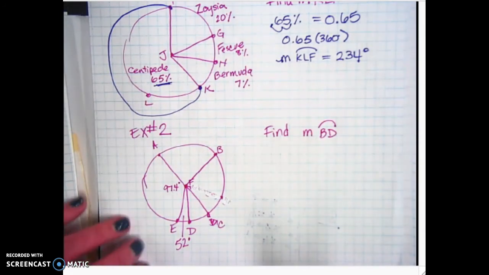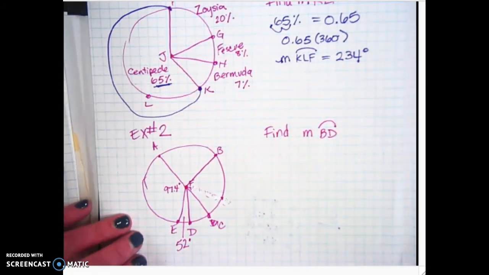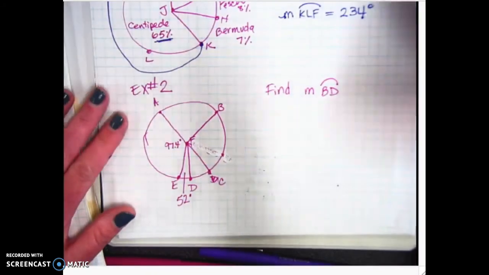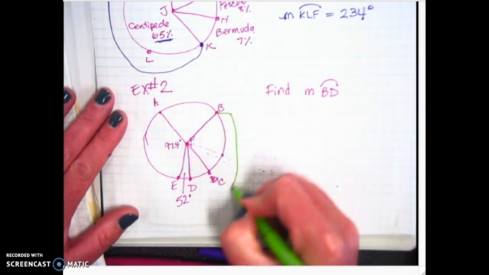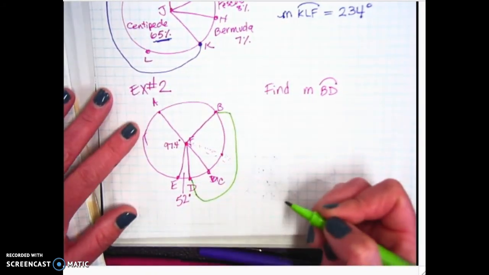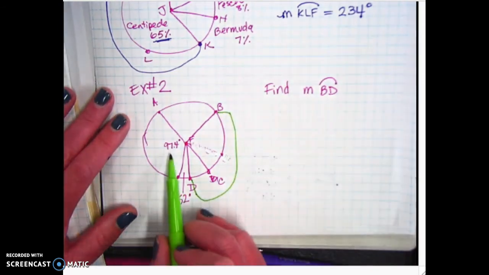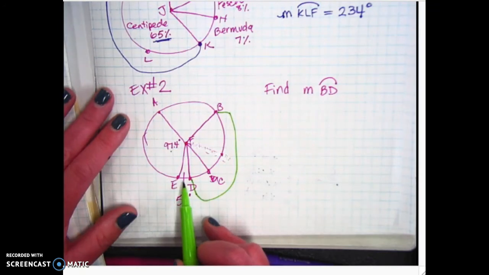All right, so BD, let me use a different color so we can focus in on BD. So here's B, here's D way over here. We want to get this total of the arc. However, we only have this much and this much.